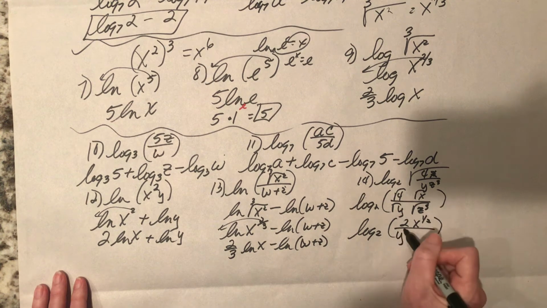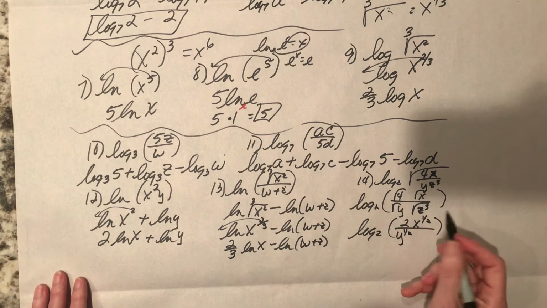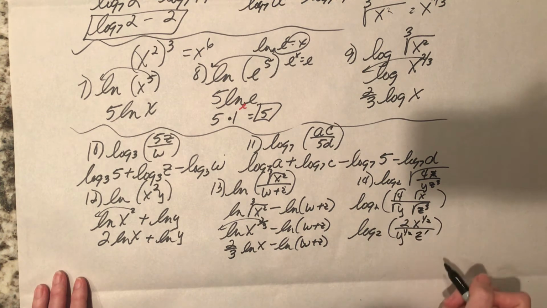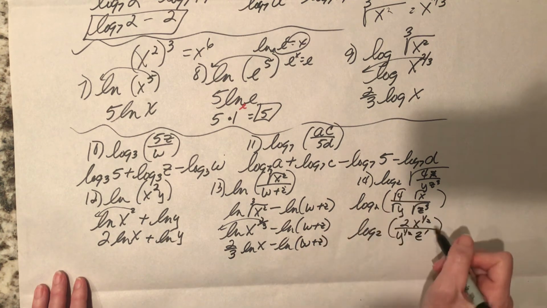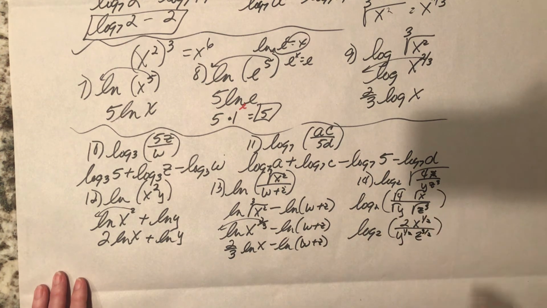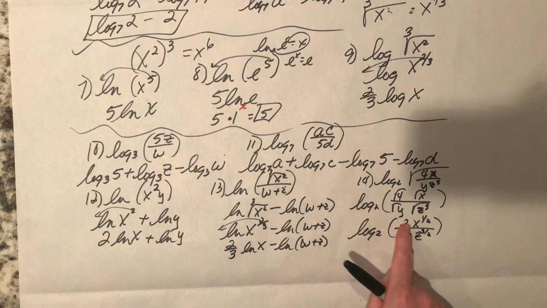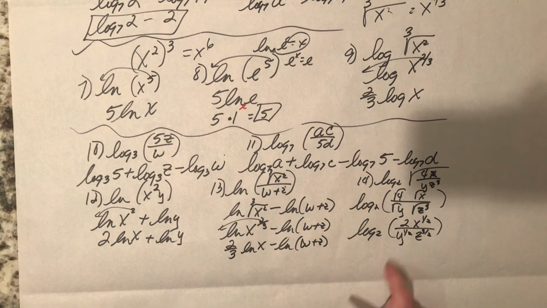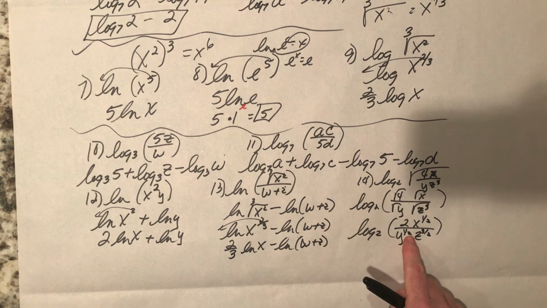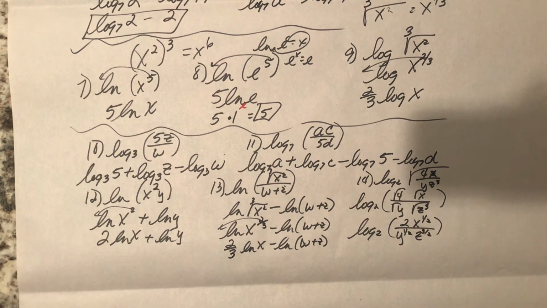Square root of y, similarly, will be y to the 1/2. And then z cubed. Z needs a fraction bar. The index 2 is the denominator. The numerator will be this exponent. So we've got that mess right now. We've got log base 2 of 2 times x to the 1/2 divided by y to the 1/2 times z to the 3/2. Okay, let's break that out.